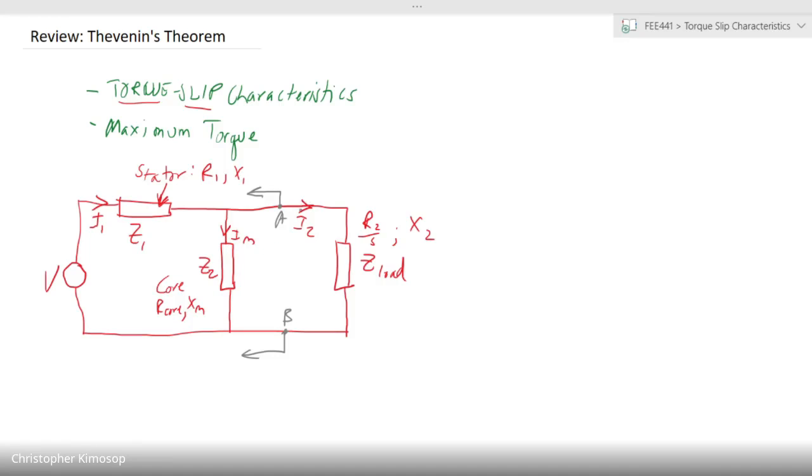If we are looking at the circuit from the load side looking towards the supply side, what Thevenin's theorem provides is a Thevenin voltage and a Thevenin impedance, which are supplying your load.